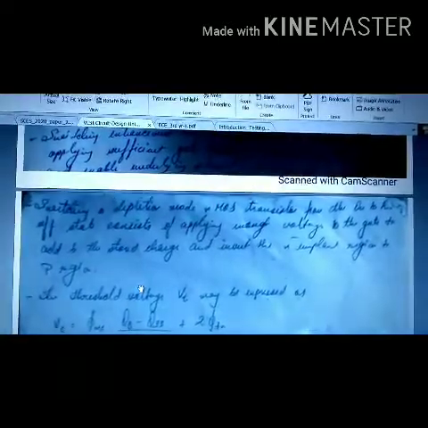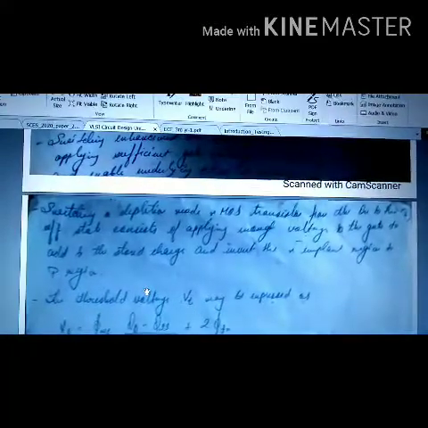Then it comes to the term of threshold voltage. Switching the depletion mode NMOS transistor from the on state to the off state consists of applying enough voltage to the gate to add the stored charges and invert the N implant region to P region.